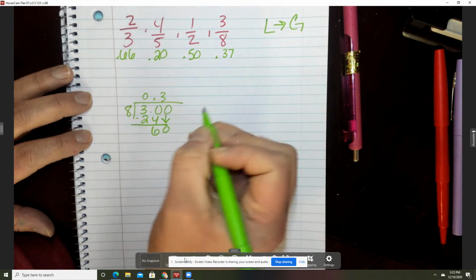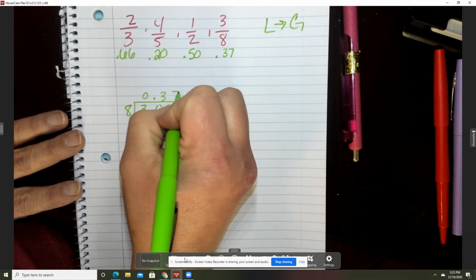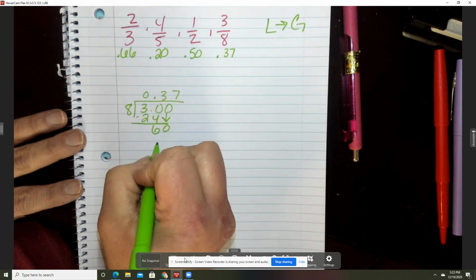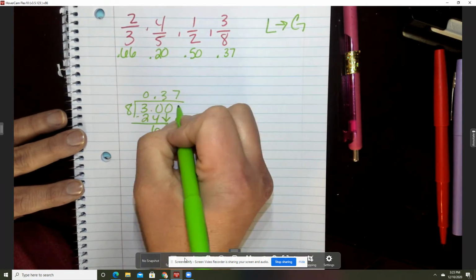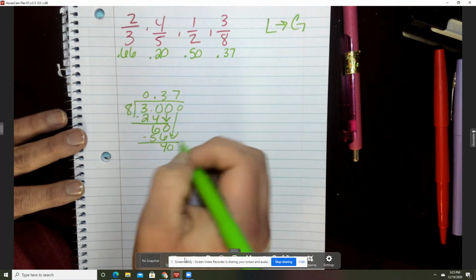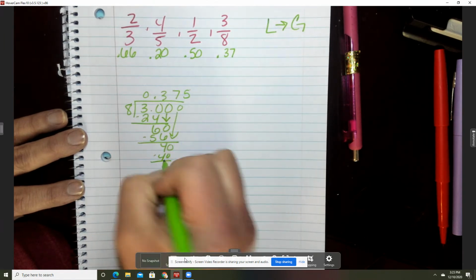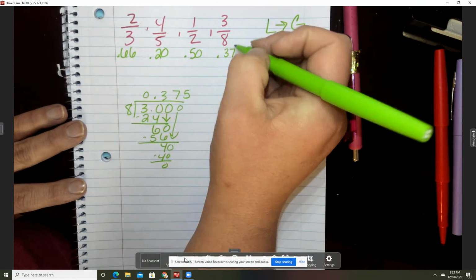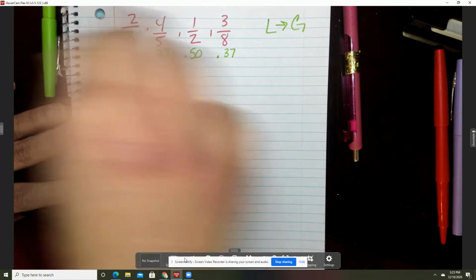Bring down your 0. 8 goes into 60 7 times. 7 times 8 is 56, and that leaves 4. Now you can add a 0 and make that 40, and then 8 goes into 40 5 times. 5 times 8 is 40. You can do it that way, or you can just leave it as the chain, as it looks like money.